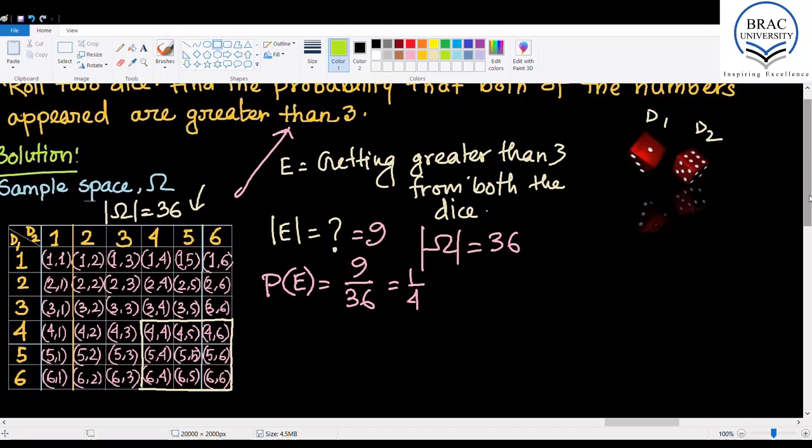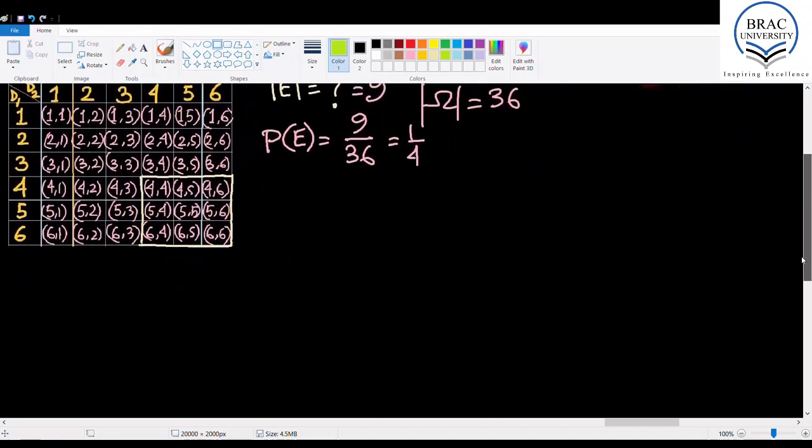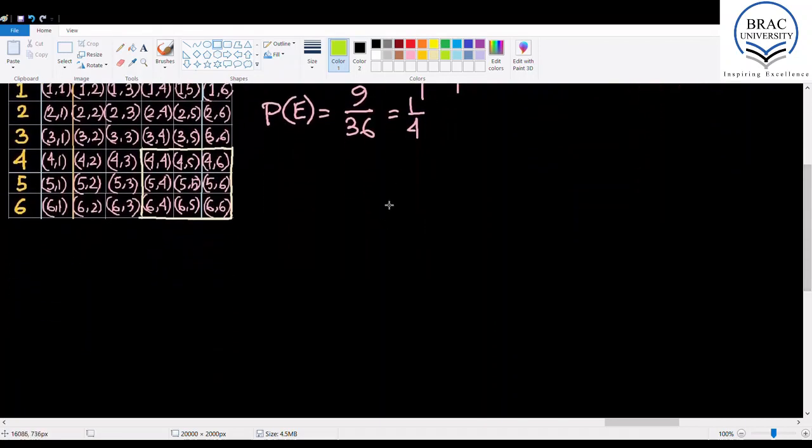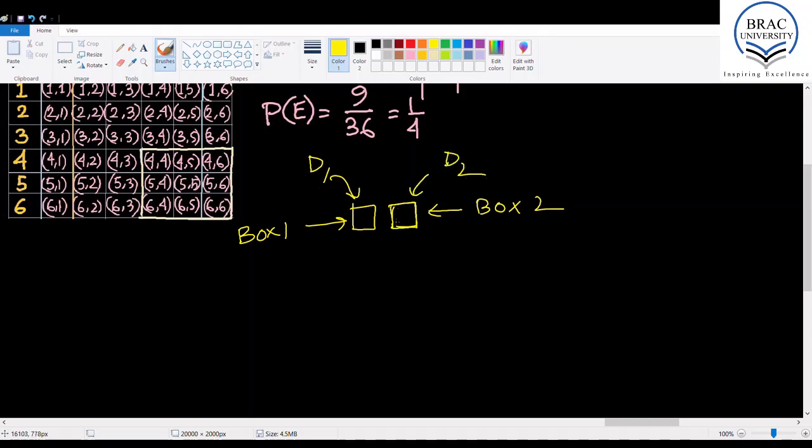Okay, so to solve this problem again, we are going to have 2 boxes. Suppose this is box 1, and this is box 2. So you have to put the result from die 1 in the first box and the result from die 2 in the second box.